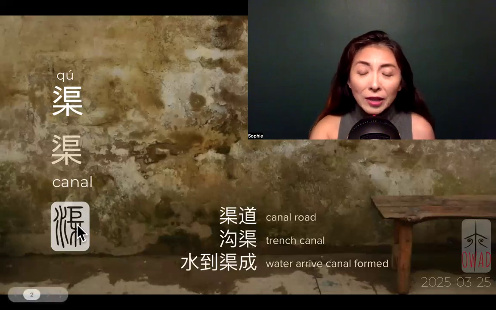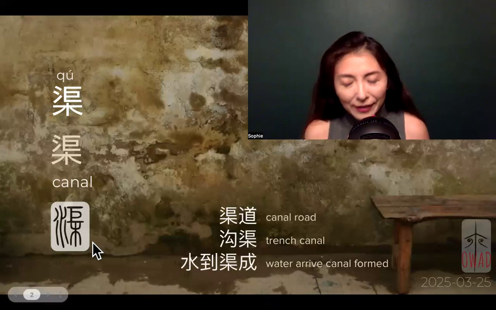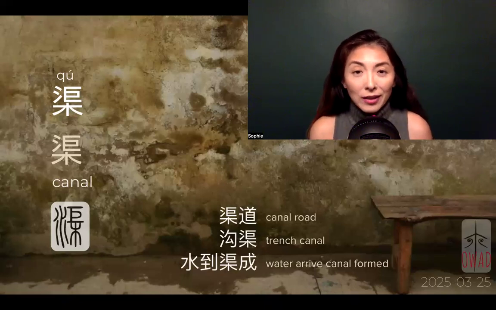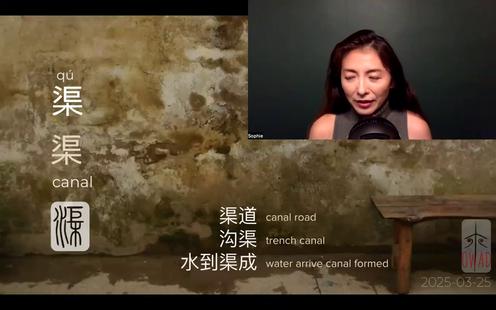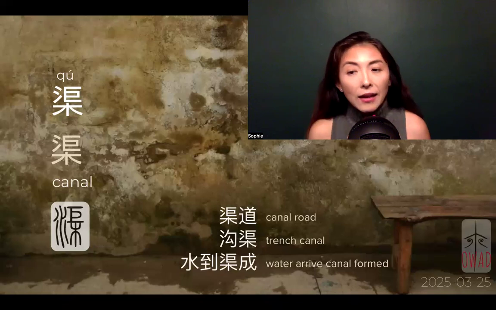And then the bottom is the tree symbol. You wouldn't imagine anything that's related to a canal would involve a tree, right? Because the wood material would not be compatible to endure the power of water over time. So I would imagine that tree symbol probably was used as the ancient tools, like the tri-square.